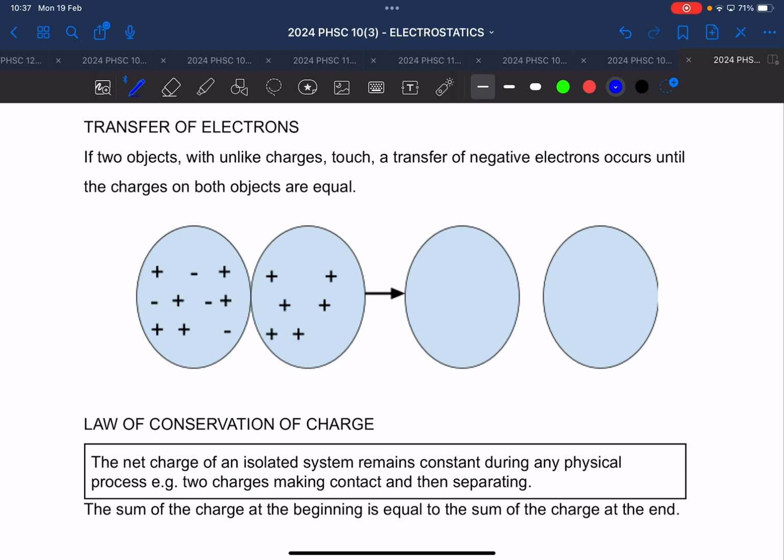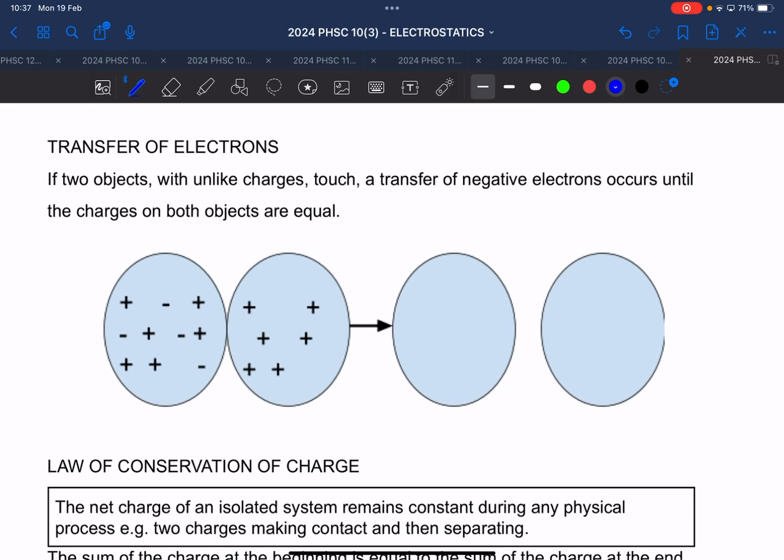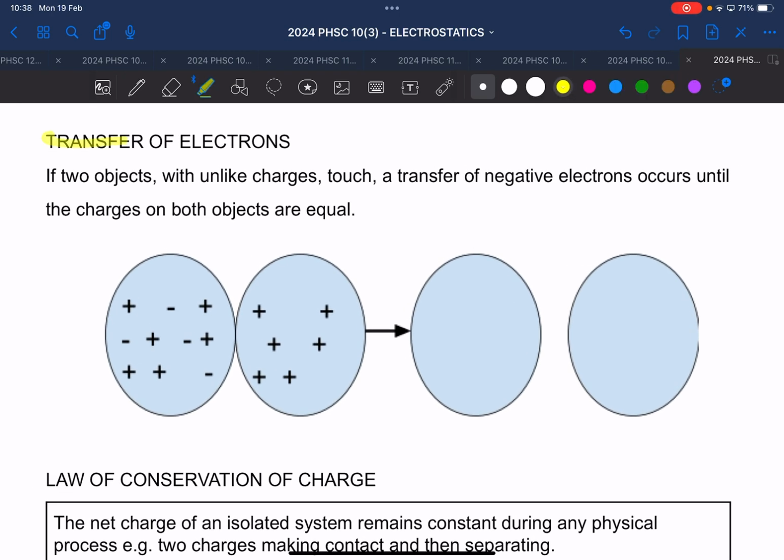So we have transfer of electrons. Let's look at what that is. If two objects with unlike charges touch, and unlike charges does not mean opposite, unlike does not have to be negative and positive. It can be very negative with slightly negative, or neutral with positive.